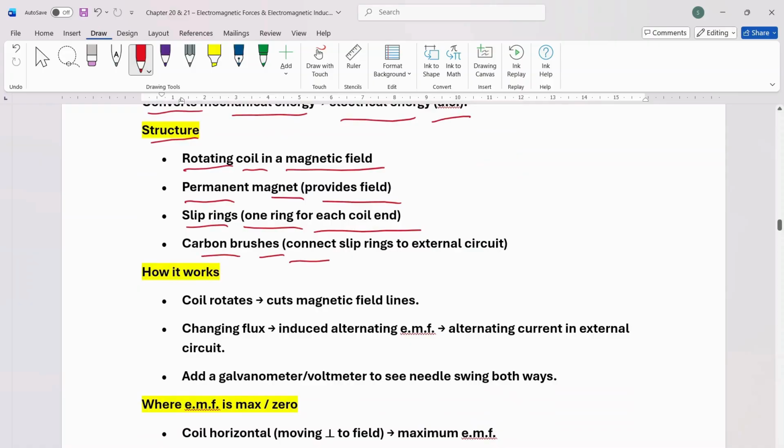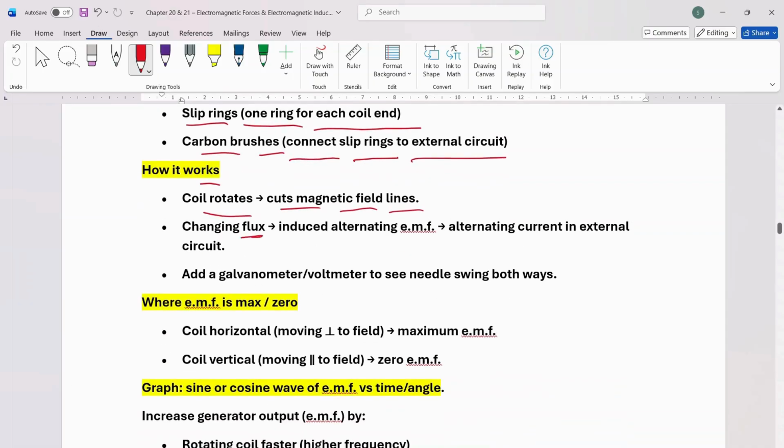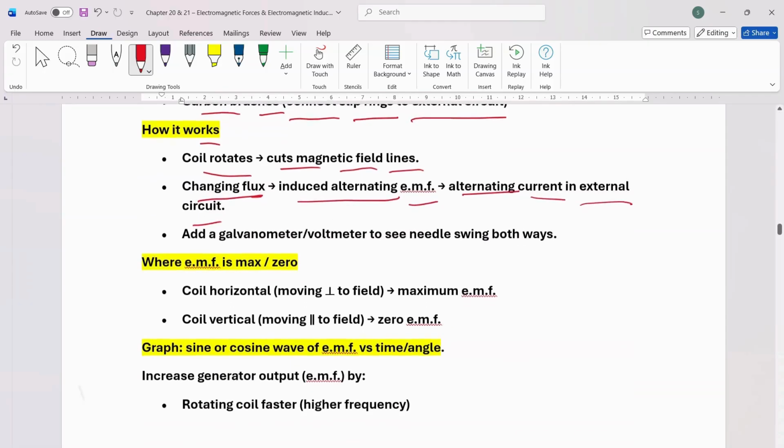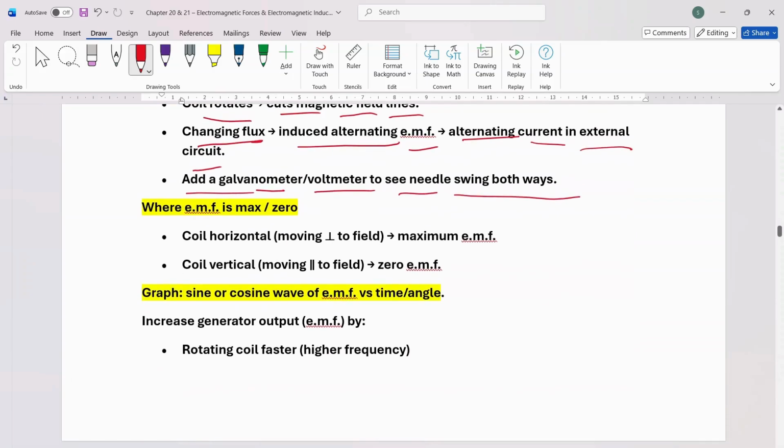Carbon brushes connect slip rings to the external circuit. How it works: the coil rotates, cuts magnetic field lines, changing flux, inducing an alternating EMF and alternating current in the external circuit. Add a galvanometer or voltmeter to see the needle swing both ways.